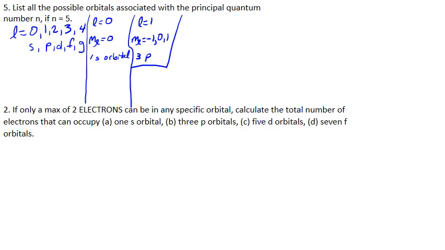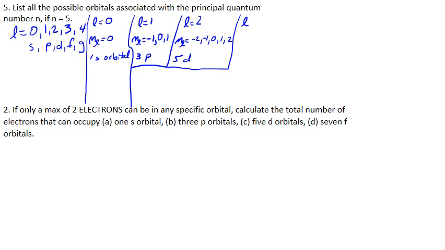Next, if L is equal to 2, then my m sub L values will range from minus 2 to positive 2. For 5, there's 1, 2, 3, 4, 5 different values, 5 d orbitals. It's getting ugly.